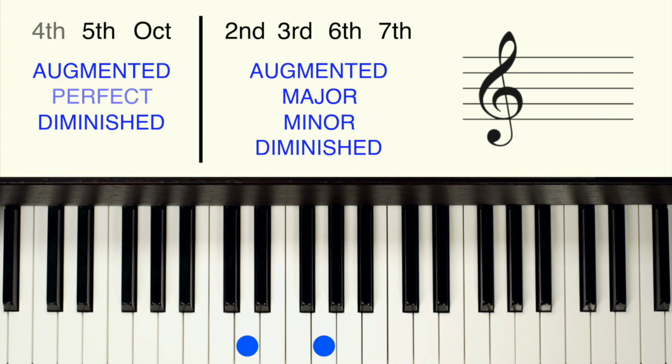The perfect fourth, perfect fifth, and perfect octave are 3 of the most consonant intervals we have, so we call them perfect consonances. Now, thirds and sixths are also consonant, but not so much as the perfect intervals, so we call these imperfect consonances. And then of course we have the seconds and the sevenths, and they're very dissonant.